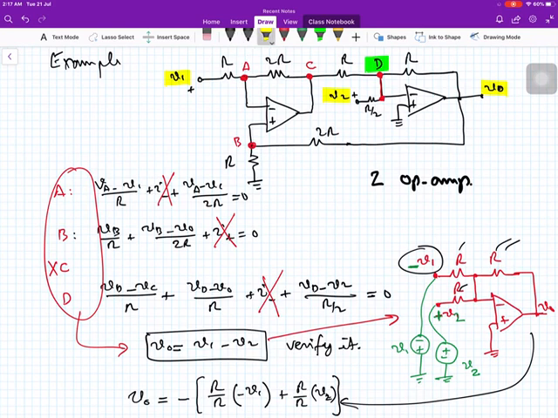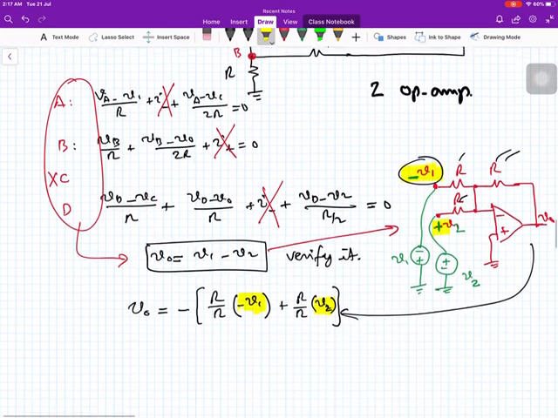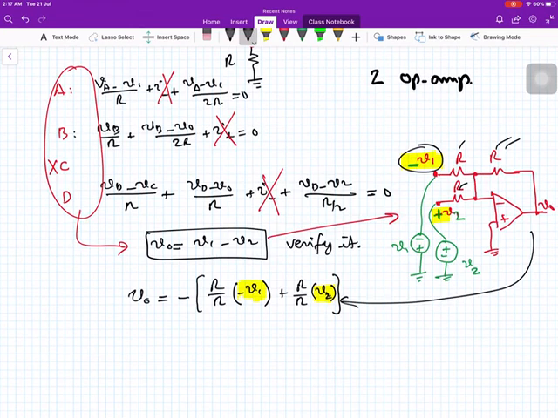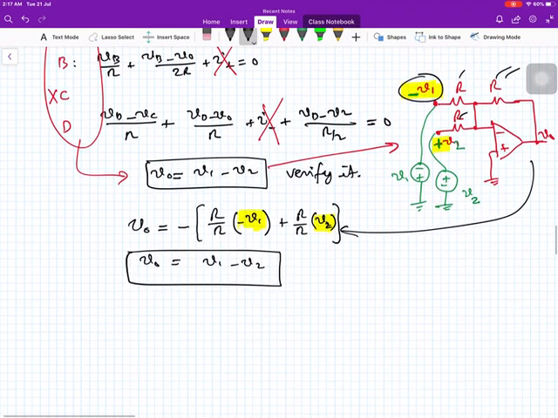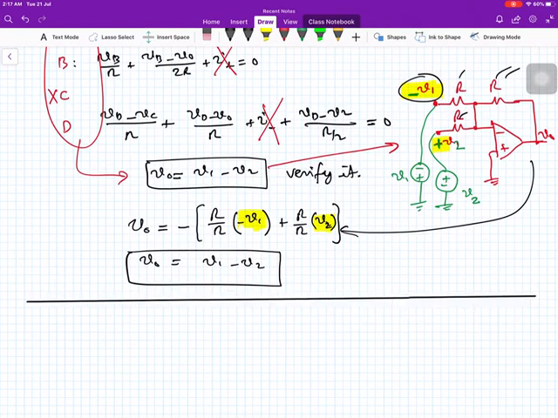So I have used plus V2 over here, and minus V1 in this equation, and you will see that this is equal to V1 minus V2. We can use two operational amplifiers, we can use one operational amplifier, and options are many. There are many options within operational amplifier circuit design.